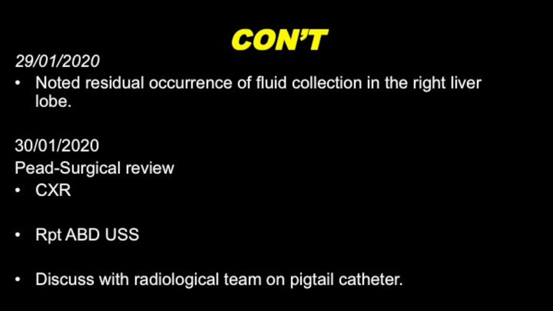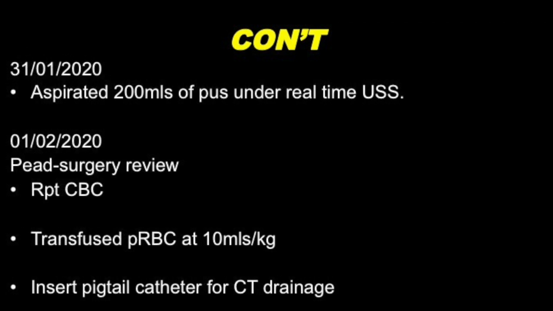I'm sure the team will explain better what a pigtail catheter is. But generally it is just to drain the pus. It is left there continuously in the liver. So now this was on the 30th. On the 31st, more pus was aspirated, 200 mils, and of course, all these aspirations are done with the ultrasound.